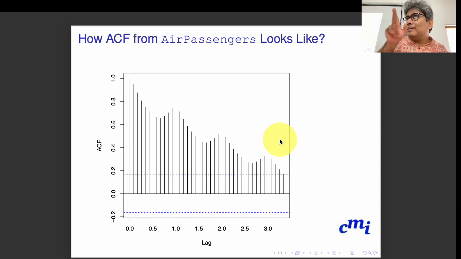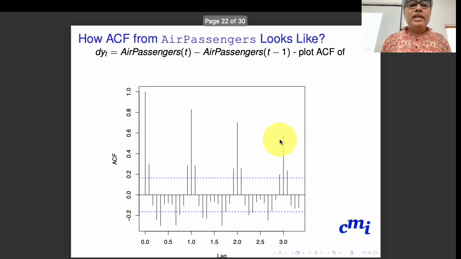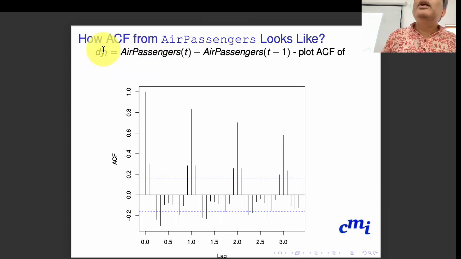Now you take the consecutive change, plot it, and see how the consecutive change of the data looks. My educated guess is that the consecutive change series, this dyt, is a mean stationary process.